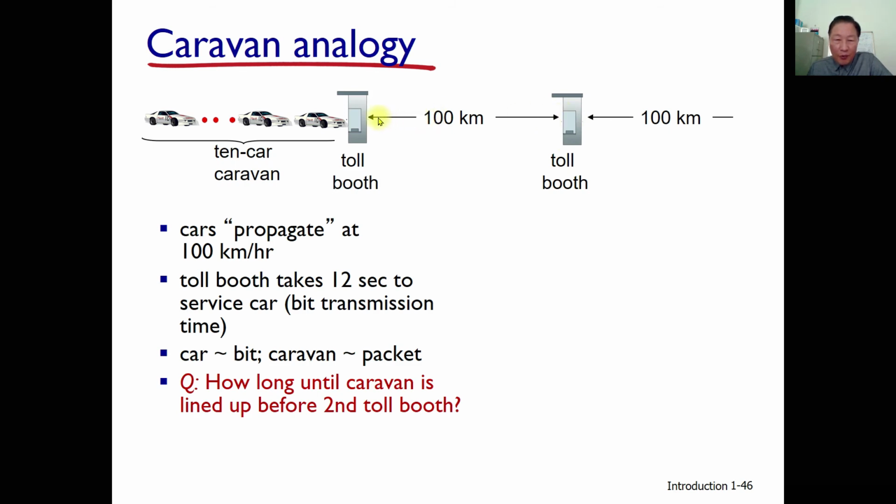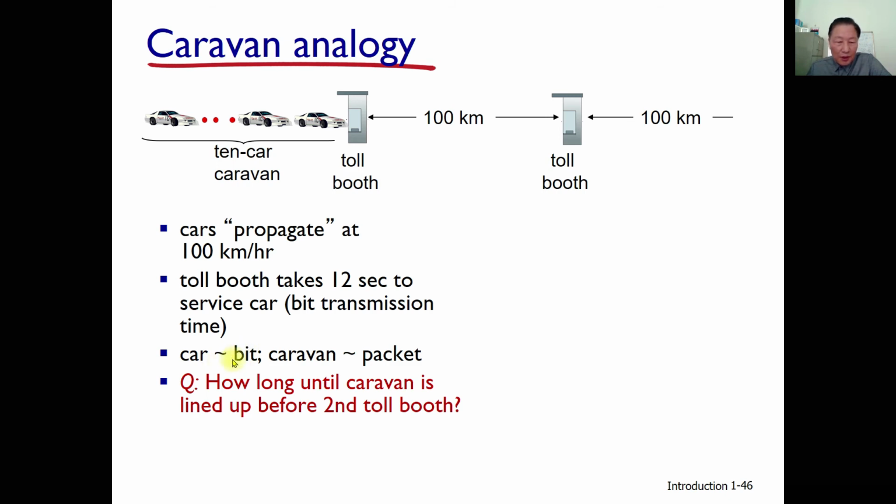This is an analogous example, and we are assuming this one is a highway. And these cars propagate at this speed, and these toll booths, we are assuming, take 12 seconds to service a car.